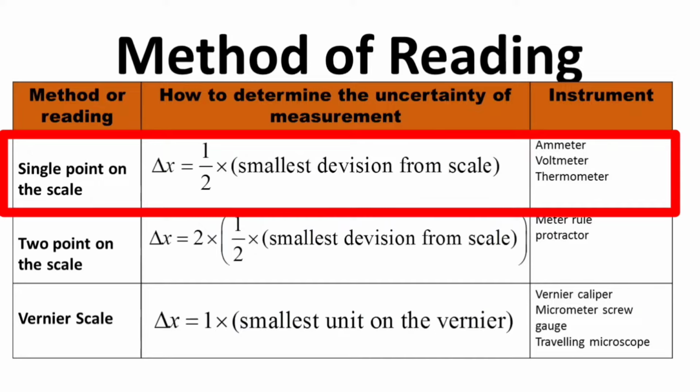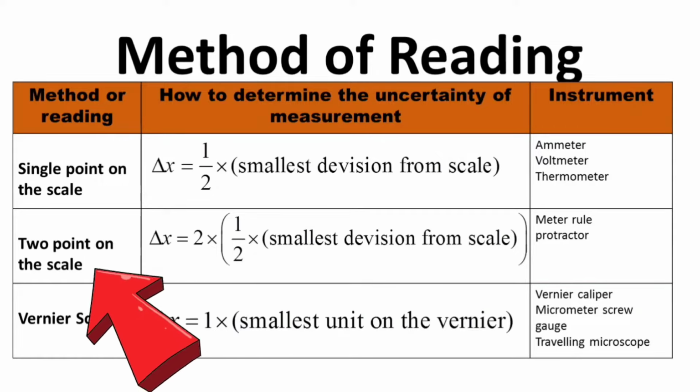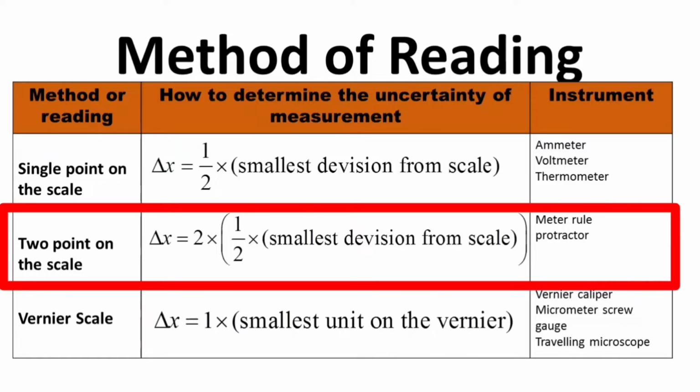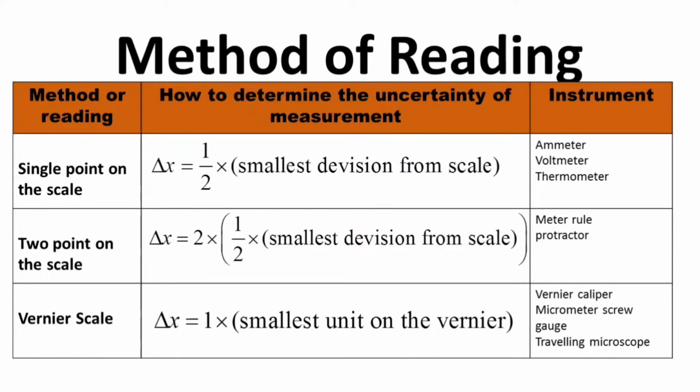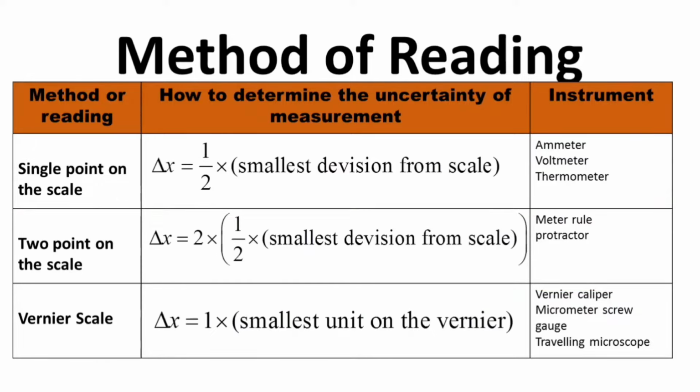Example of the instrument are ammeter, voltmeter, and thermometer. For a 2-point reading, the uncertainty is taken to be 2 times half of the smallest division, which is going to be equals to the smallest division from scale.